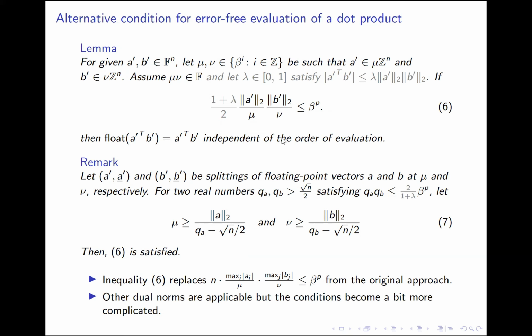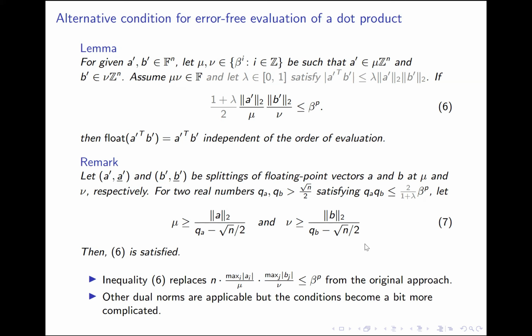And therefore we gain another factor in precision, roughly a factor 2, but it depends a lot on the problem at hand. Because n times infinity norm times infinity norm is of course an upper bound for this, and the smaller we get this term here, the smaller we can choose the splitting points mu and nu.